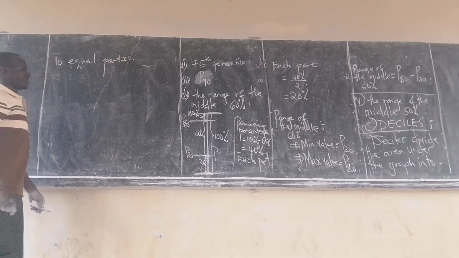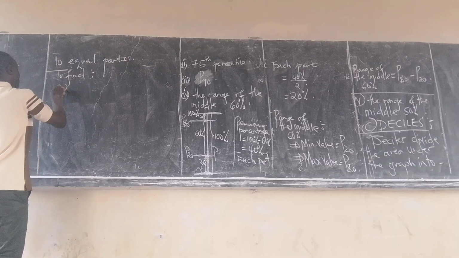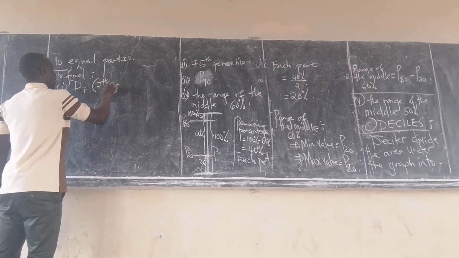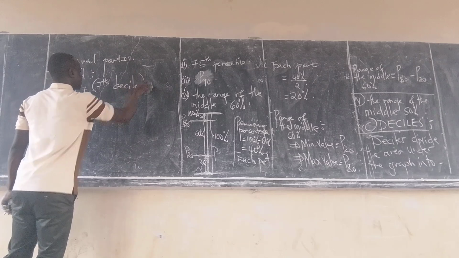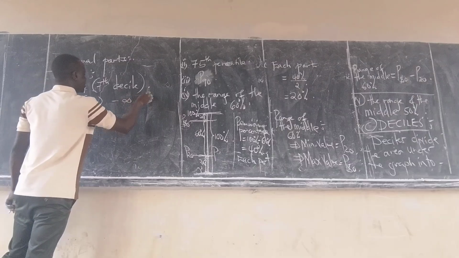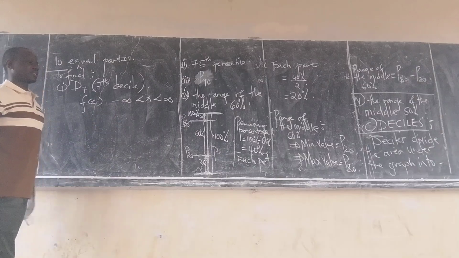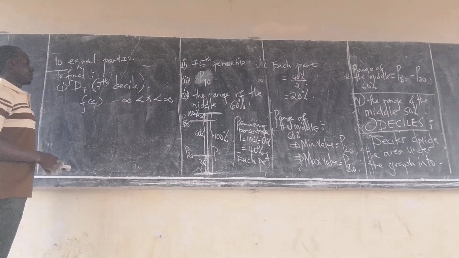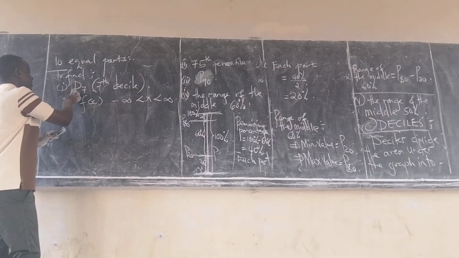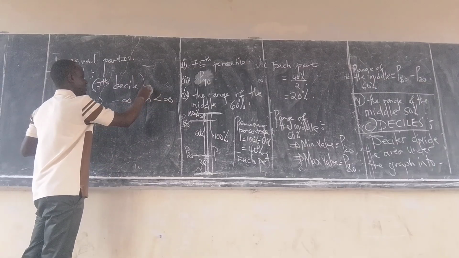So if we want to find any decile, for example, this 7, which we are referring to as the 7th decile, then your f of x will be defined over a continuous domain that runs from negative infinity to positive infinity. So this D7 is going to be presumed to be somewhere in between negative infinity and positive infinity.